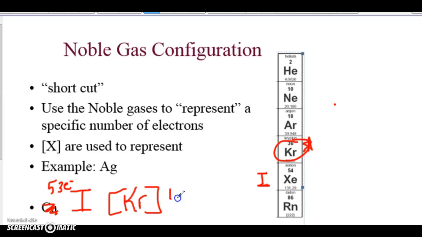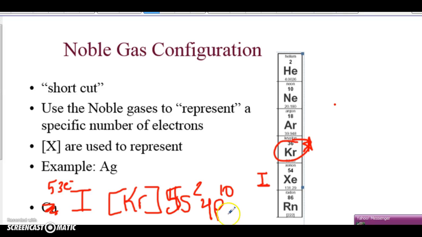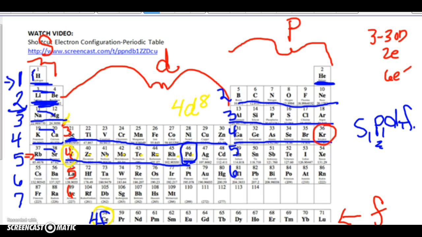So krypton, 5s2, 4d10, 5p5. Double check and add them up. Krypton was 36, 46, 47, 48, 49, 50, 52, 53. Check. And I'm done. So you need to be able to do all 3 different types.